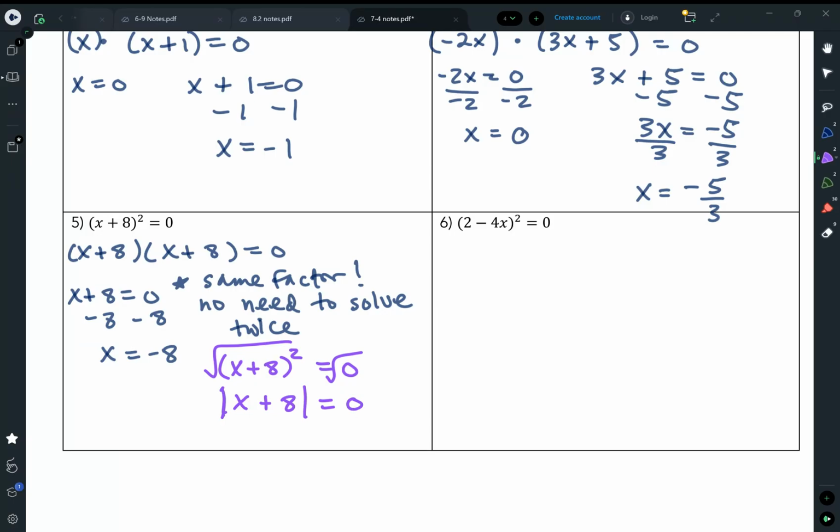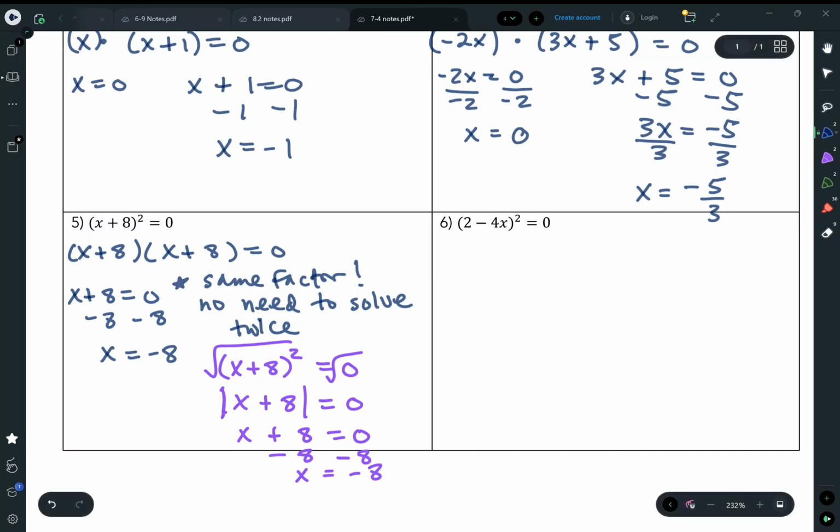There's no positive or negative 0. So then we would just write x plus 8 is equal to 0, and then we would solve it. So either way, if we use the square root method or the zero product property method, we get the same answer. I feel like the zero product property method is a little bit faster though. So that's what I'm going to show on the next one, but you could do it either way.